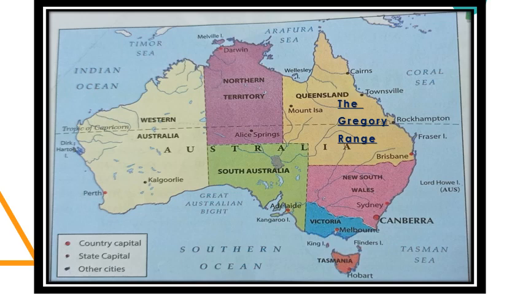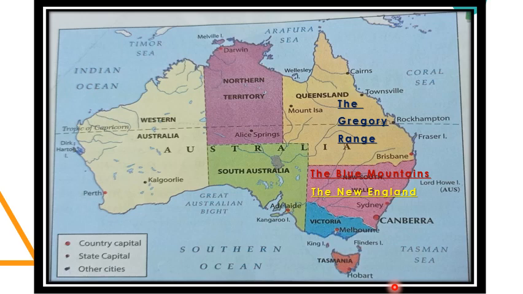Next, coming down parallel like this towards Tasmania. One is over, coming down to New South Wales. In New South Wales, the same Eastern Highlands is known as the Blue Mountains, and it is also known as the New England Range. Two names are given in the New South Wales state.